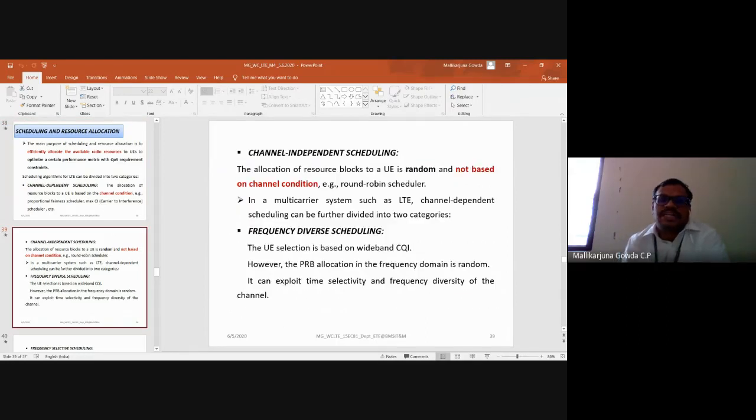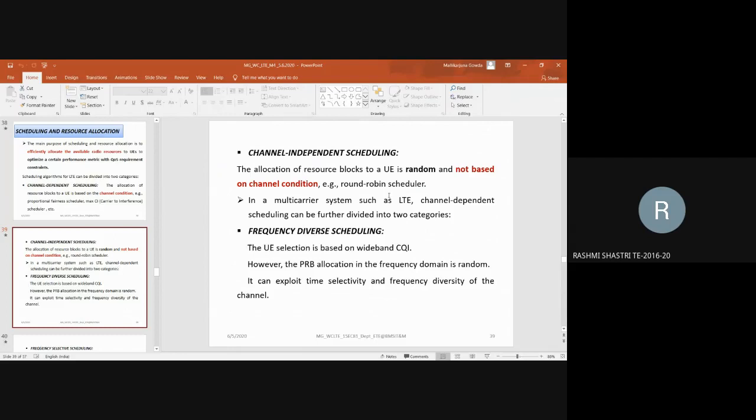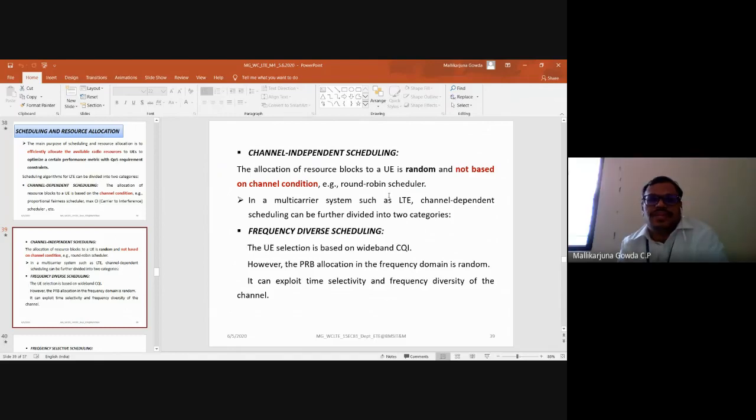In channel independent scheduling, the allocation of the resource blocks to the user equipment is random and not based on the channel condition. I think this round robin scheduler you might have studied in OS.